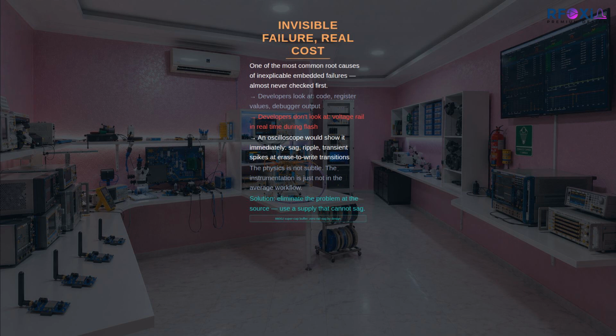Let me explain the specific mechanisms, because there are several and they interact. Voltage sag is the most direct. USB hosts are specified to supply 5 volts at 500 milliamps for USB 2.0, or up to 900 milliamps for USB 3.0. In practice, the actual voltage delivered depends on cable resistance, the quality of the host controller, and what else is drawing current from the same bus.